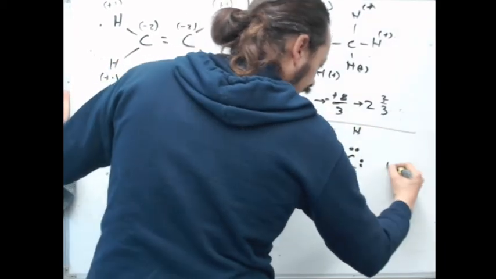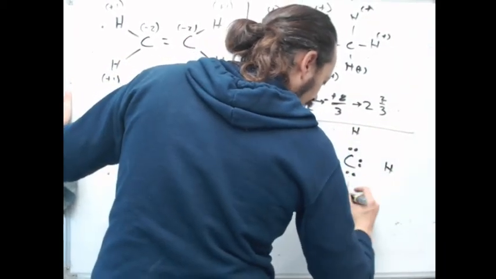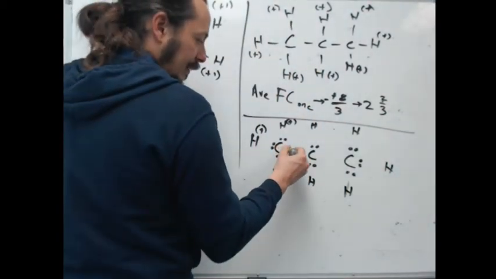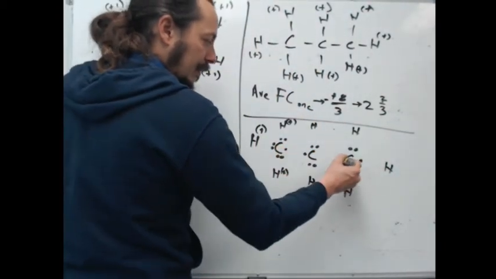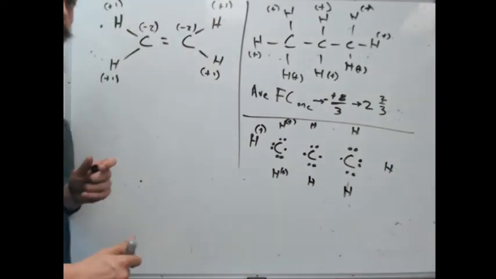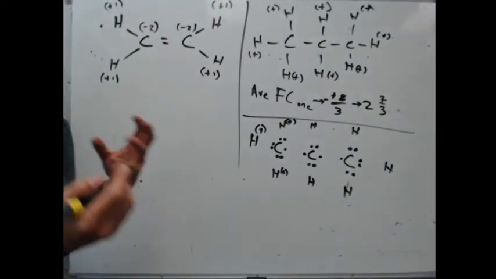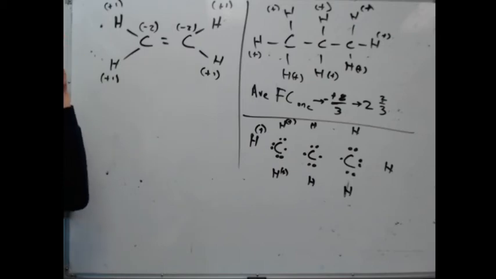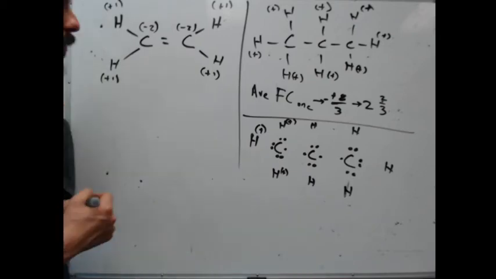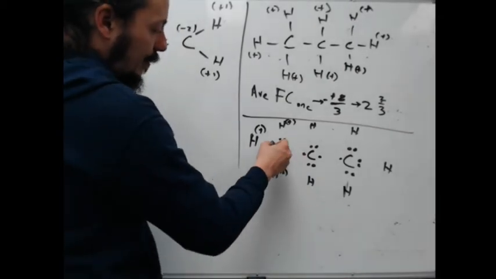I'm just going to draw all the hydrogens. The hydrogens all end up in the plus state. This bond between the carbons, the electron gets split between them. Because they have equal electronegativity, they share the electrons evenly. Then I can do essentially a charge on this. Carbon is 4.